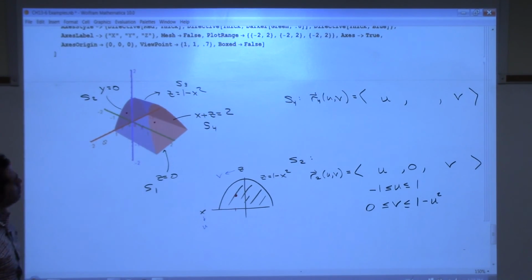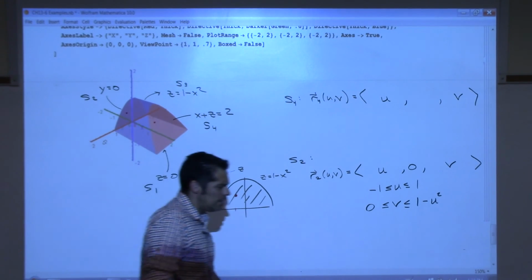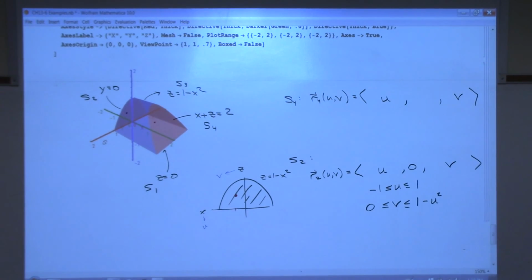Wait a minute, is that right? Hold on a second. Did I write that down right? That needs to have what in there? A y. Hold on a second. Let me look at my code here.